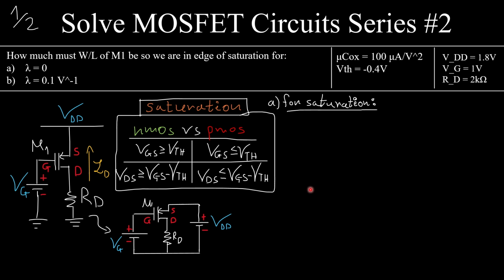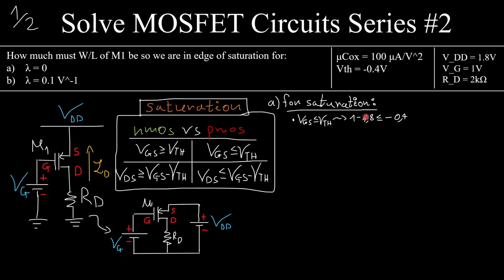Now for the saturation conditions, again, I will use these conditions here, the exact opposite of this. VGS must be less or equal than VTH. How much is VGS? Well, VGS is VG minus VS. So it is 1, all right, VG, 1, minus VS. How much is VS? 1.8, all right, VDD.